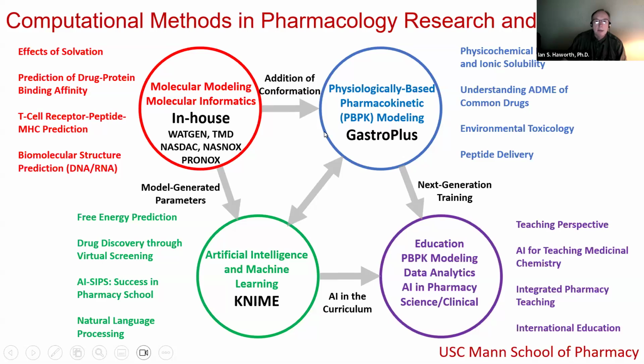I really see these red, blue, and green circles as interconnected. In fact, one of the things we're trying to do is bring a more molecular view of PBPK, and what that really means is bringing molecular structure into PBPK more in a three-dimensional sense. I really don't have time to talk about that today, but this is, I think, a connection that's important to start to appreciate conformational issues that can affect pharmacokinetics.